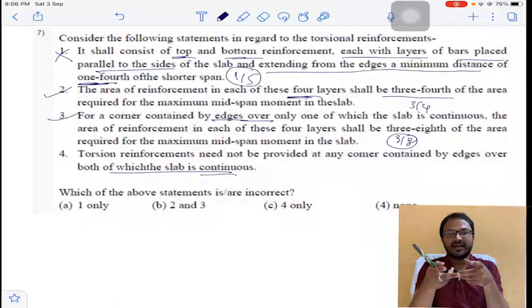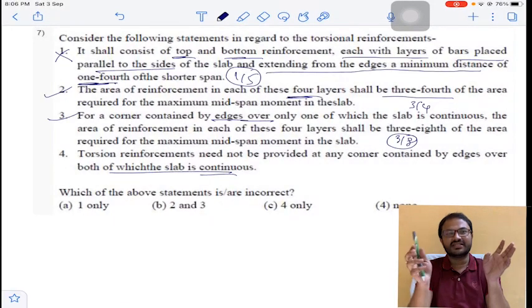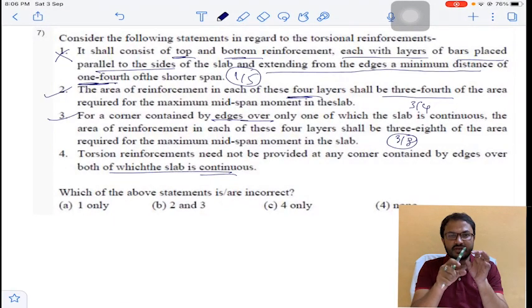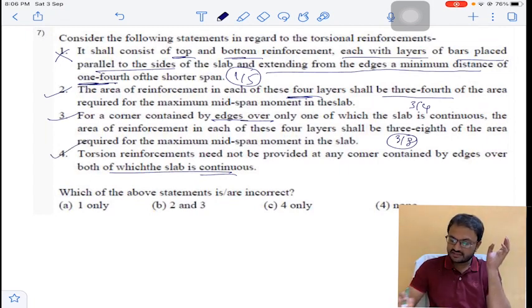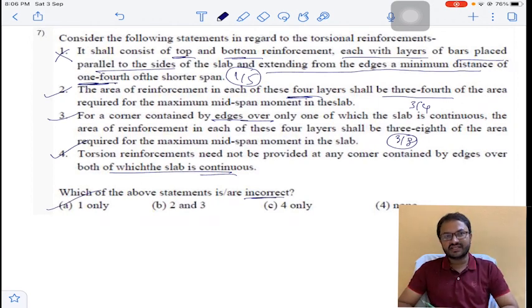In that particular case, the slab at that location need not be subjected to twisting moment. For that reason, it is not required to provide torsion reinforcement. So statement 4 is also correct. He asked which are incorrect statements. Only one. Answer A for question number 7.